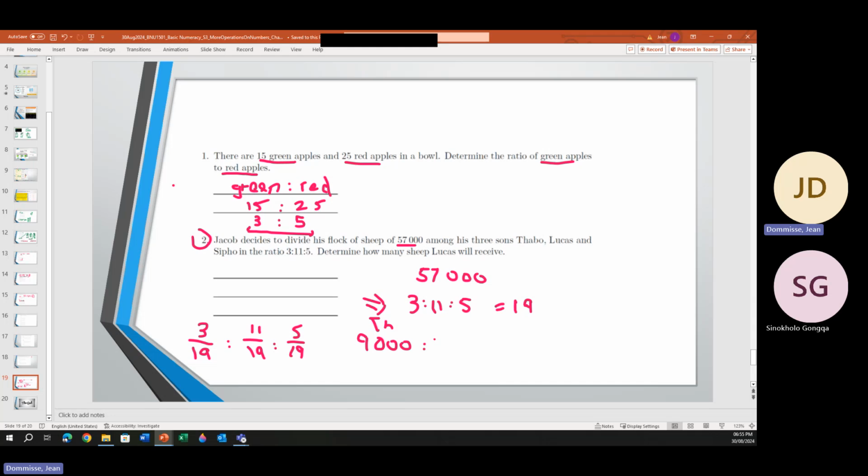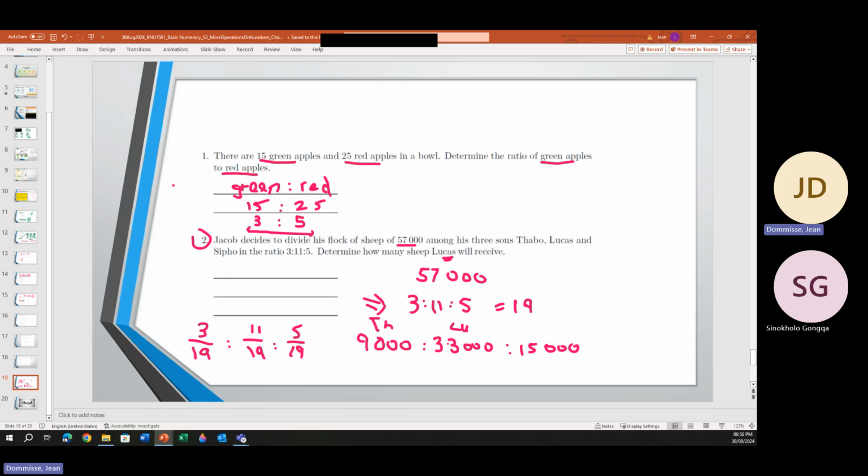And that gives me 33,000 for Lucas. And then the last one, Sipo, 5 divided by 19 times 57,000 gives us 15,000.